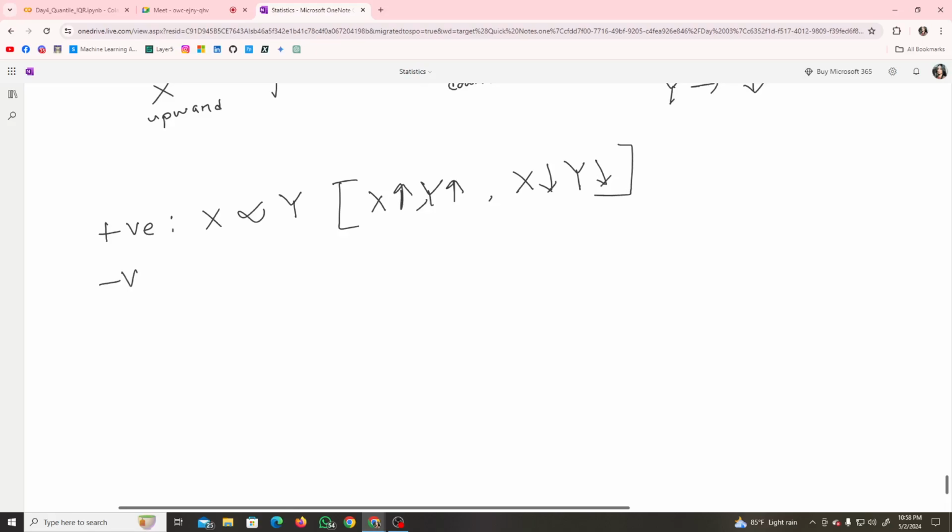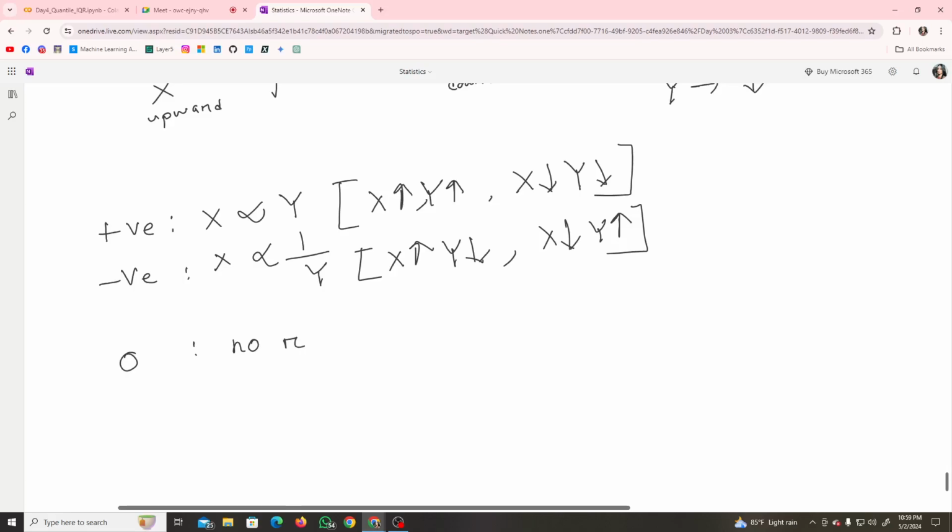Then you have negative covariance. In such a case, your X is inversely proportional to Y. So your X is increasing and your Y is decreasing, and at another time your X is decreasing and your Y is increasing. You have an inverse relationship in negative covariance, and in zero covariance, there is actually no relation between X and Y.